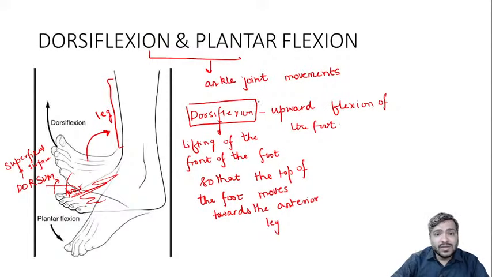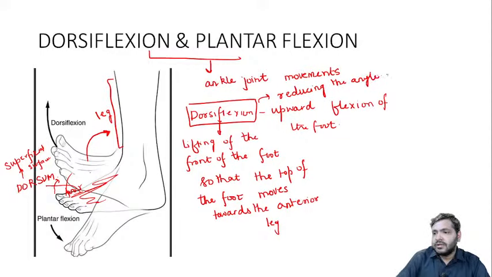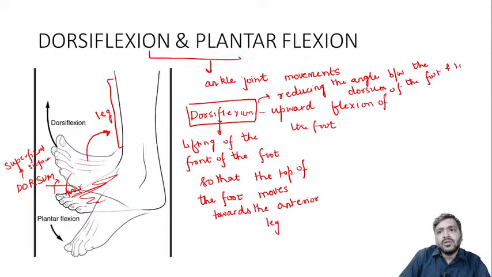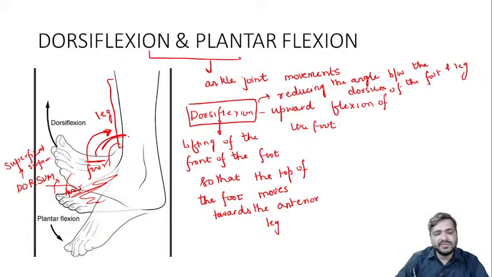One more thing you can notice is that it is reducing the angle between the dorsum of the foot and the leg. You can appreciate it in the given image. You are lifting the foot up so that the angle between the foot and the leg is getting reduced.